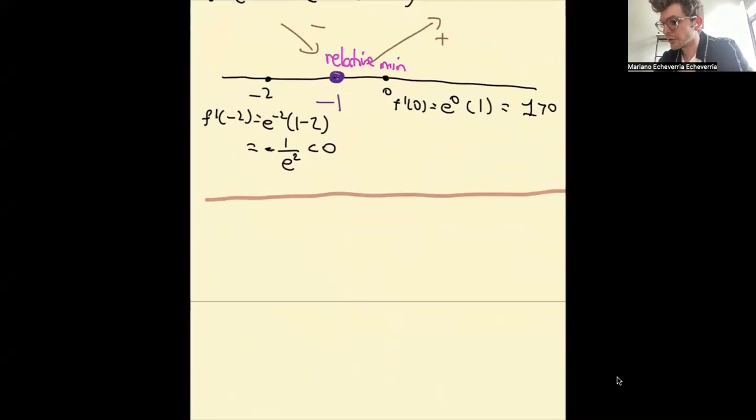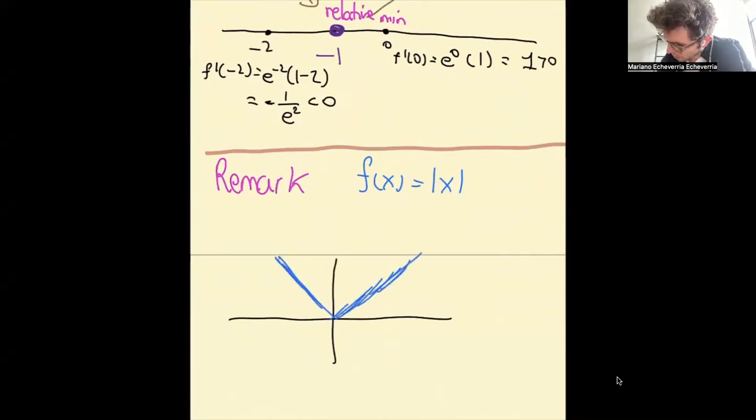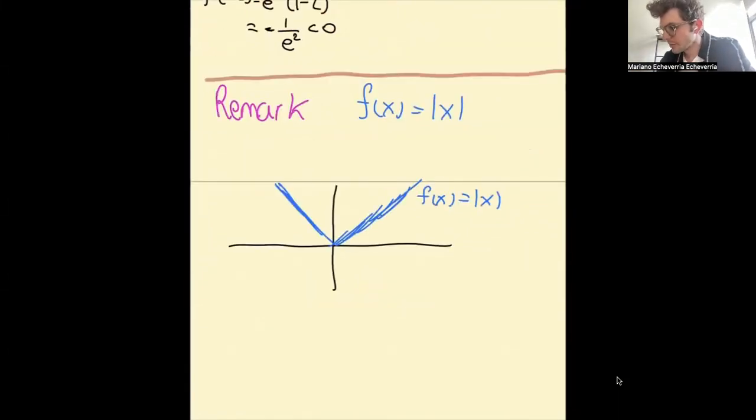Another remark, if you look, for example, at the function absolute value of x, if you remember the graph, there's a minimum at 0, right?